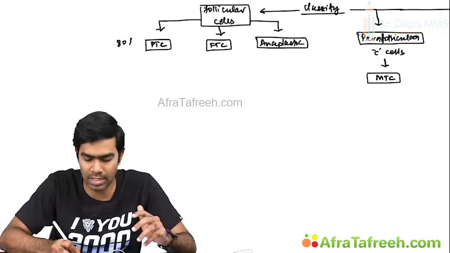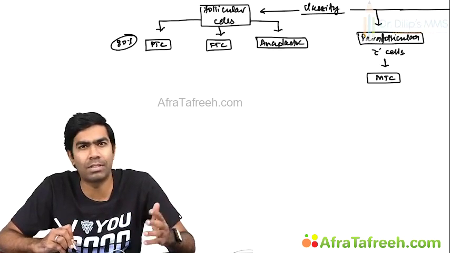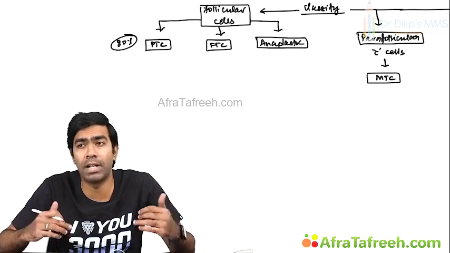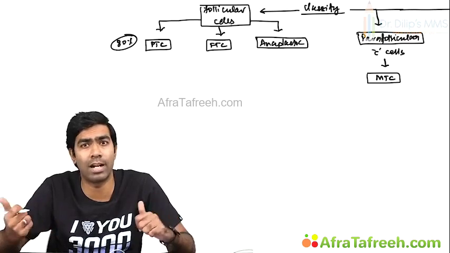At the same time, let us discuss a few points about anaplastic cancer and medullary thyroid cancer before we move on to PTC and FTC, where we are going to discuss in great depth and detail. We know that PTC and FTC are the most common thyroid cancers, whereas PTC is the most common, where 80% of thyroid cancers generally tend to be papillary thyroid cancer. But remember, among benign tumors, the most common is follicular adenoma.